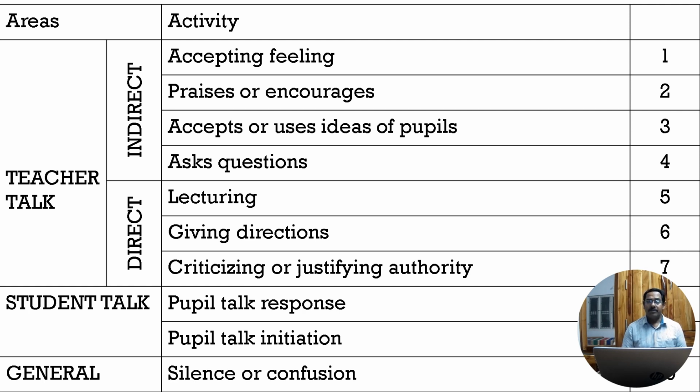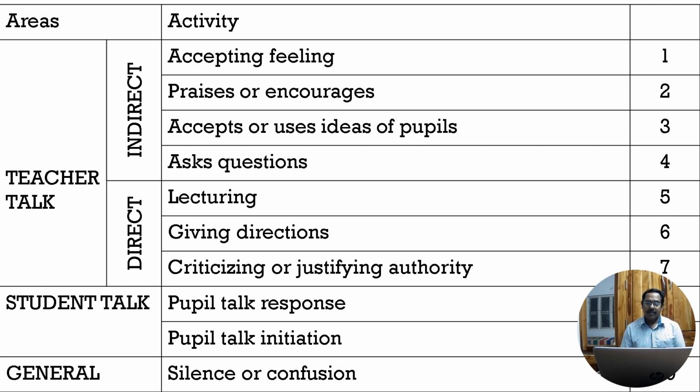They are: accepts feeling, marked as 1; praises or encourages, 2; accepts or uses ideas of students, 3; asks questions, 4; lecturing, 5; giving directions, 6; criticizing or justifying authority, 7; student talk response, 8; student talk initiation, 9; and silence or confusion, 10. These are the categories in which markings are done.